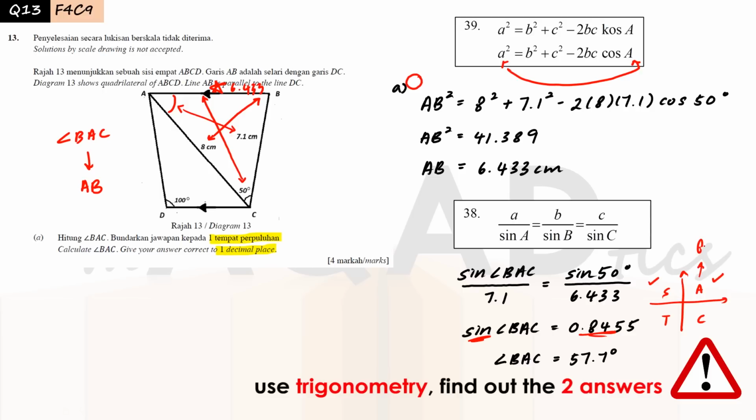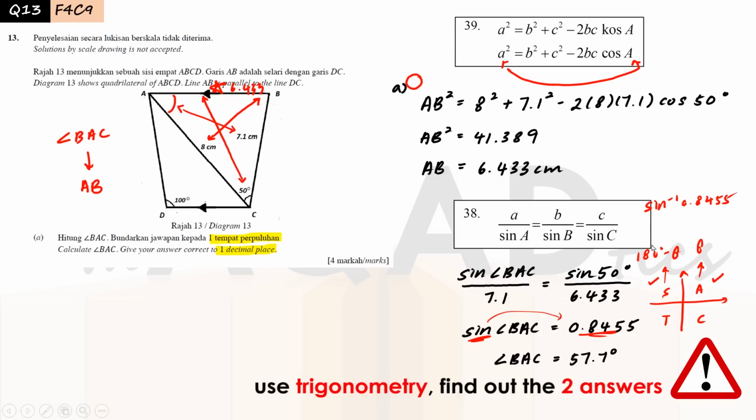A will be theta, and S will be 180 degrees minus theta. Theta will be the value where I move sine to the other side, so it's arc sine 0.8455. Once we calculate this, it will be 57.7.